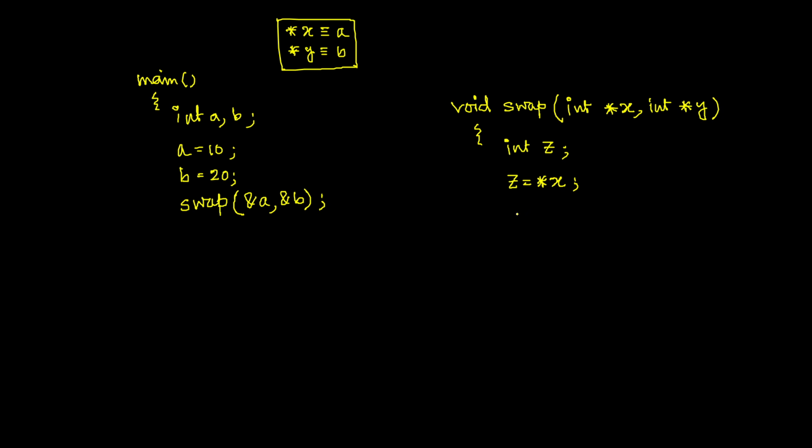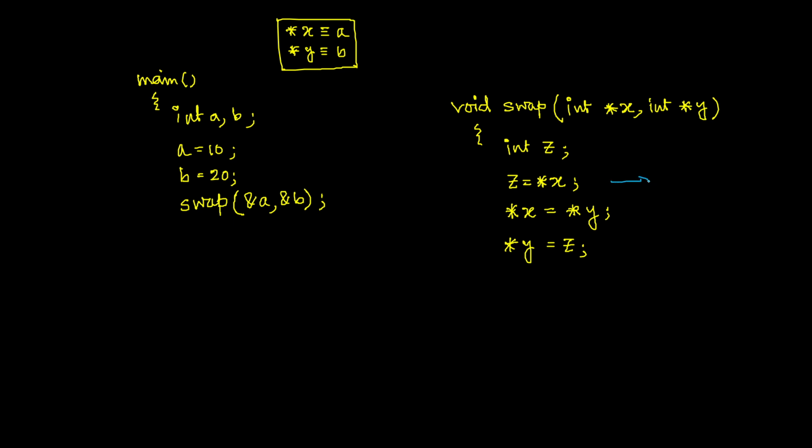Similarly, since I can control a and b using pointer x and pointer y, I can write here pointer x equal to pointer y, and also pointer y equal to z. So when we are writing this, what's happening in the back end?